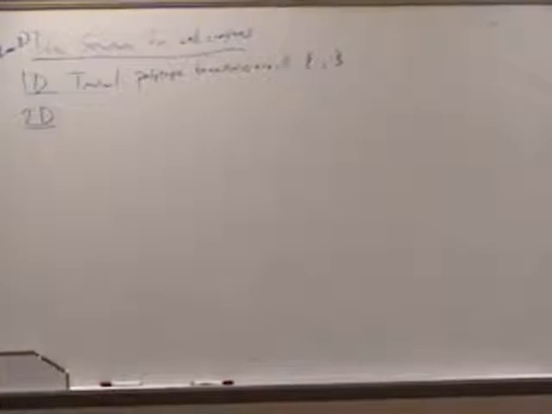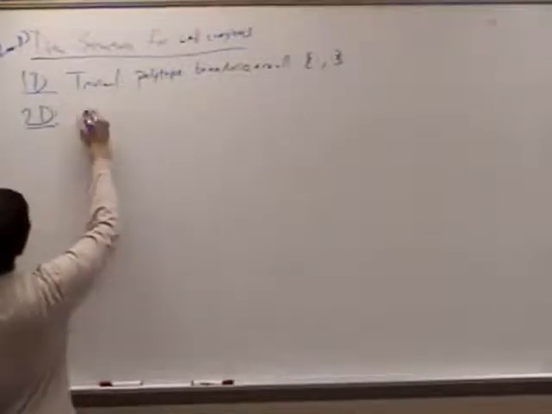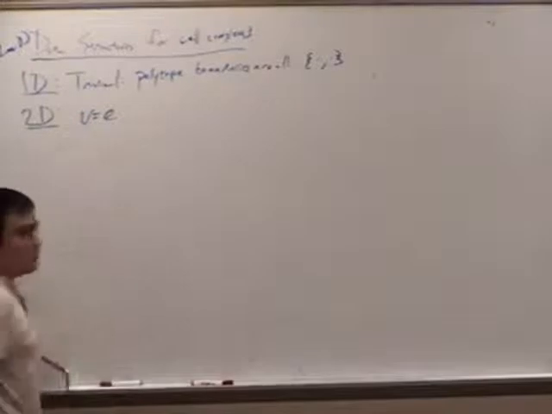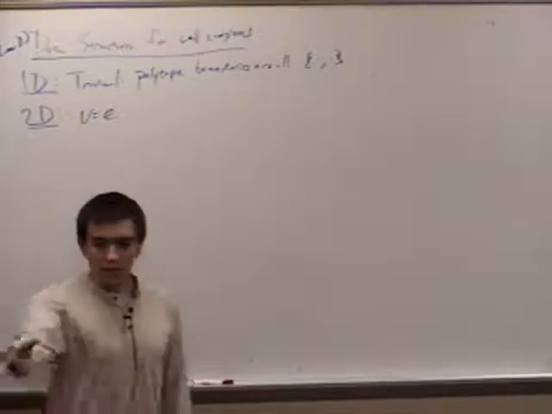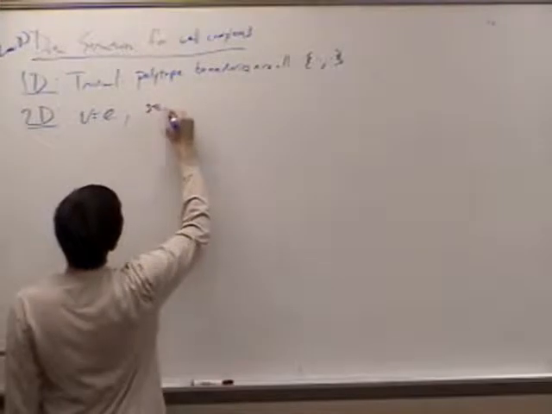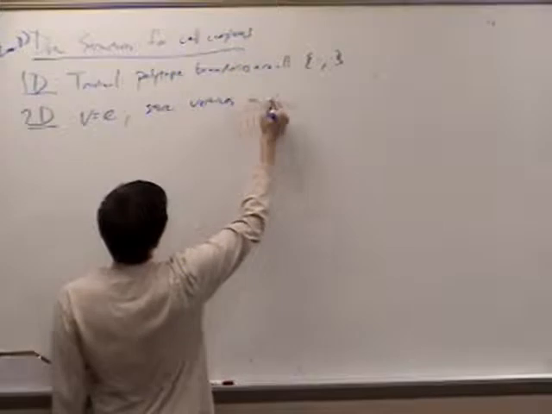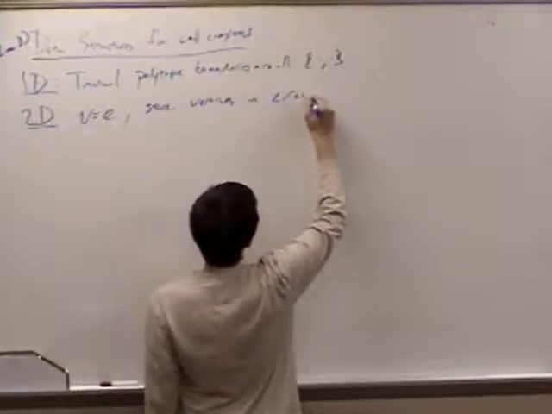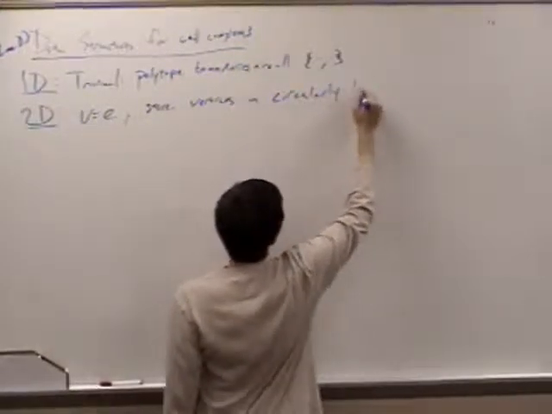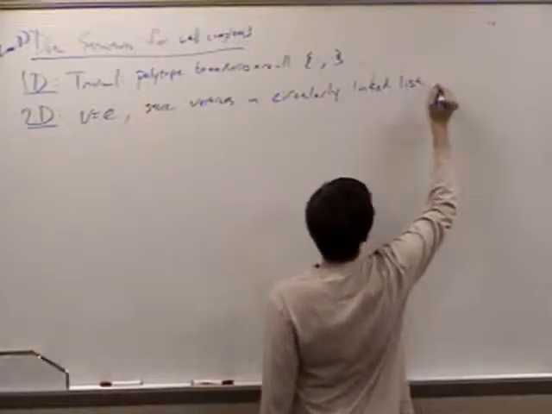So in 2D, we know that the boundary of a polytope is actually going to be a polygon. So we can store it as just a list, right? So in 2D, we know that V is equal to E from Euler's formula, right? So we have V minus E equals 0. And we can store vertices in a circularly linked list.